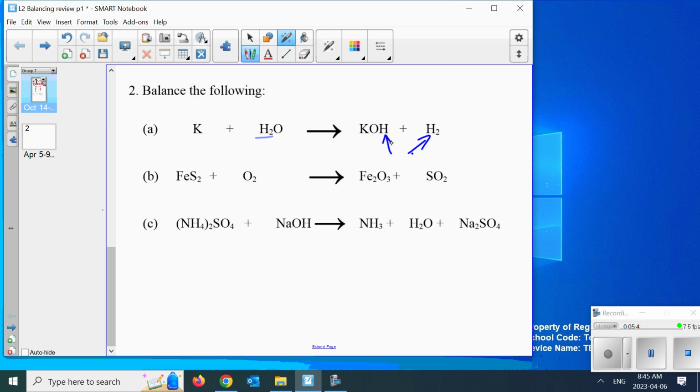I know on the left, and I can talk to you about my thought process. I know on the left, the water, the H2 part of the water, tells me that hydrogen has to be an even number on both sides.